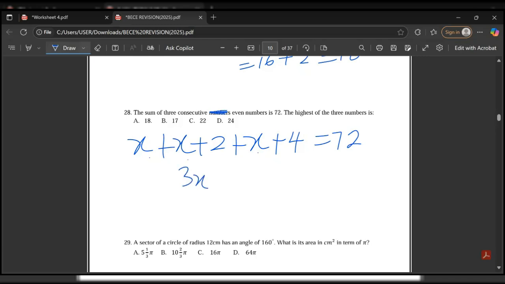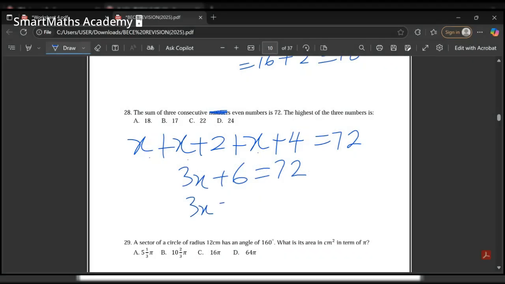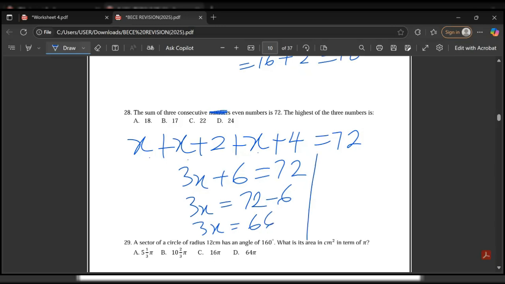Then 2 plus 4 gives us 6. Then 72. So 3x equals 72 minus 6. That means 3x equals 66. Then x equals 66 divided by 3.